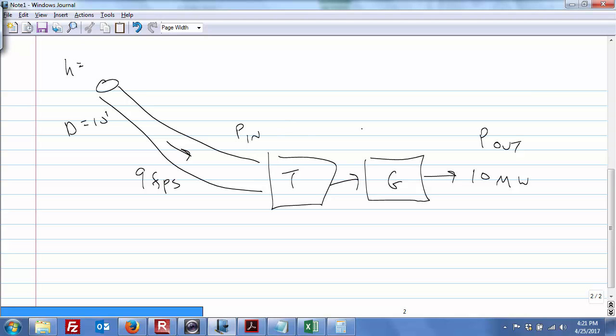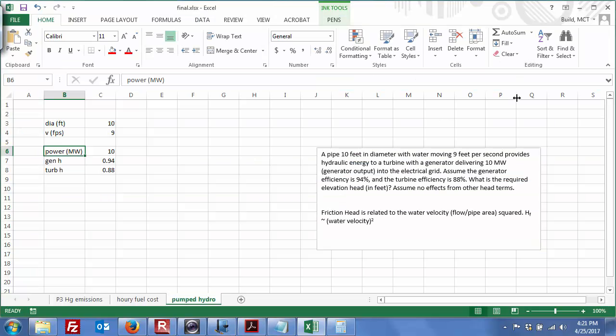So the power in, so efficiency equals P out over P in. So P in equals P out over efficiency. This is P out, power in megawatts.